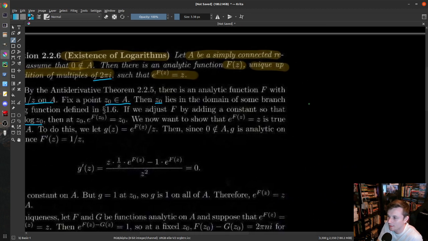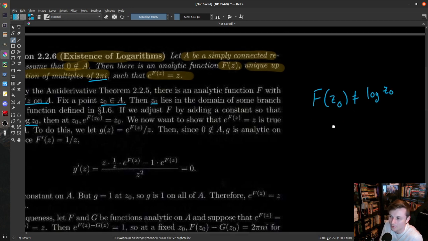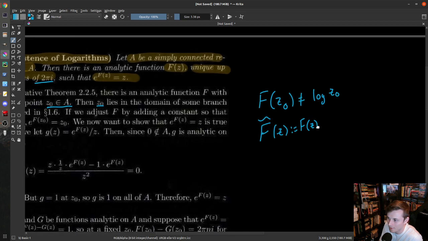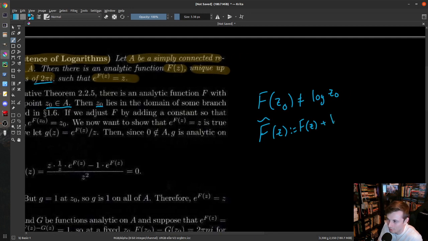The idea is that if f of z naught is not equal to log z naught, I think I maybe said that out loud, and it was probably too many z naughts flying around. Notice that we could grab some different f. Let's call it f tilde of z, defined to be f of z plus log z naught minus f of z naught.